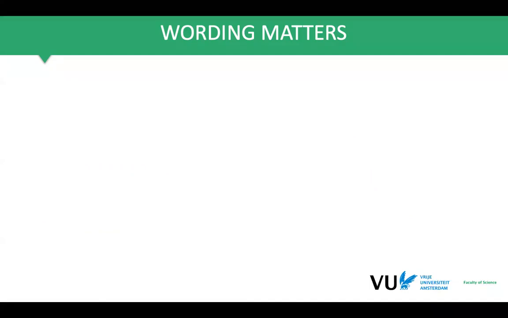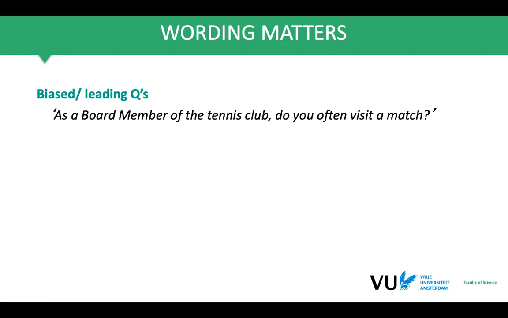Once you have all your questions, do check how they are phrased. Check, for example, that you don't have biased or leading questions. These are questions that are phrased in such a way that not all answers are equally acceptable. For example, as a board member of the tennis club, do you often visit the match?